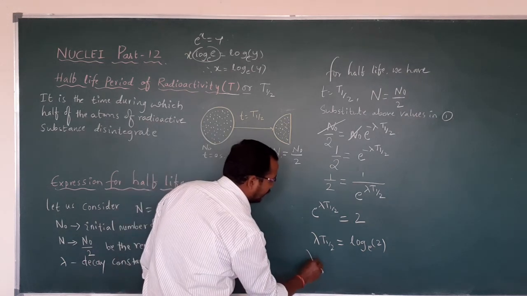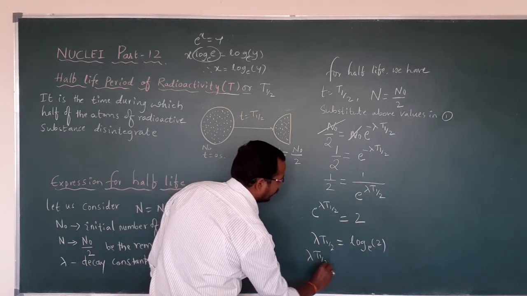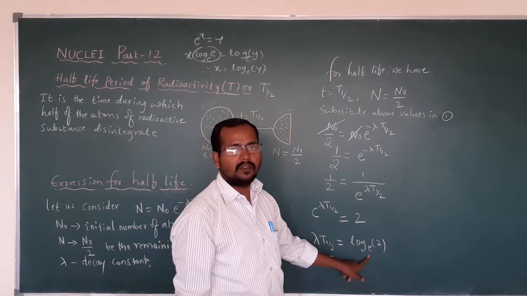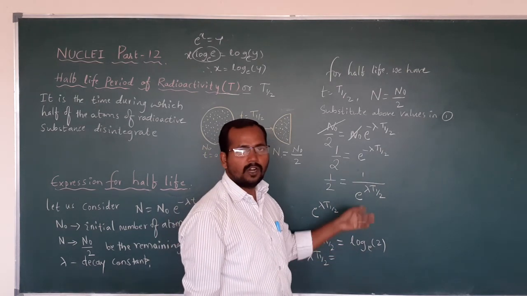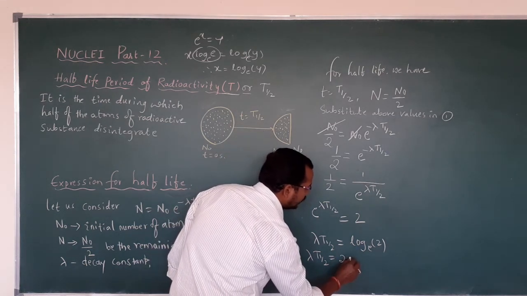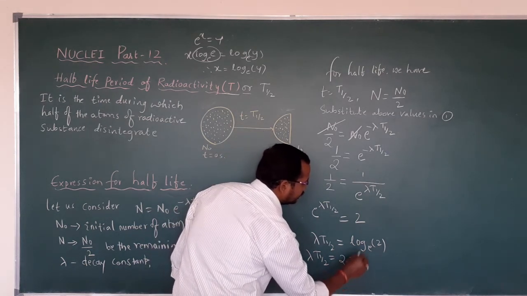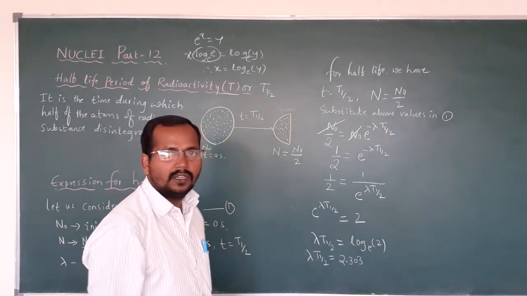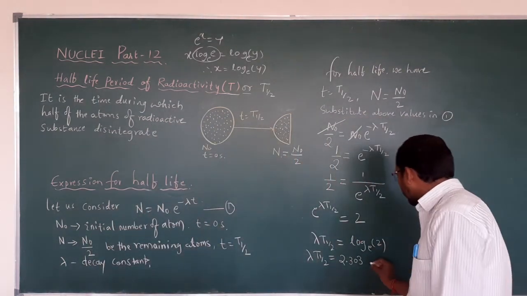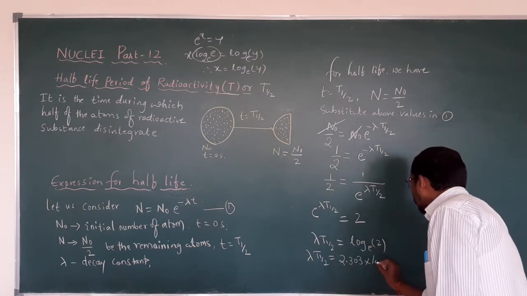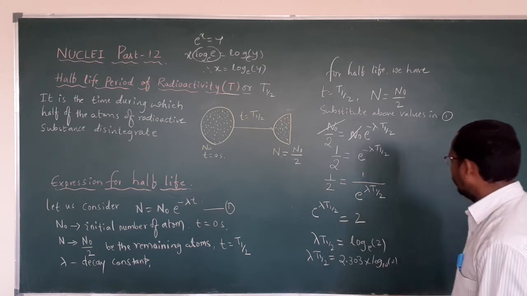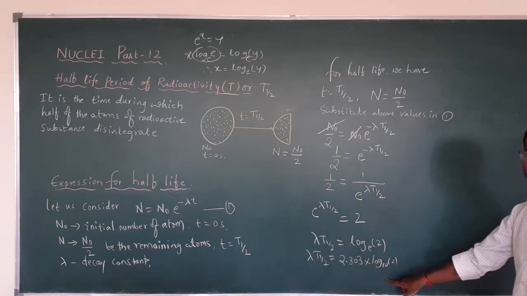Now lambda into T half is equal to, I want this in terms of base 10. So if you want it in terms of base 10, you have to multiply by 2.303 into log 2 to the base 10.